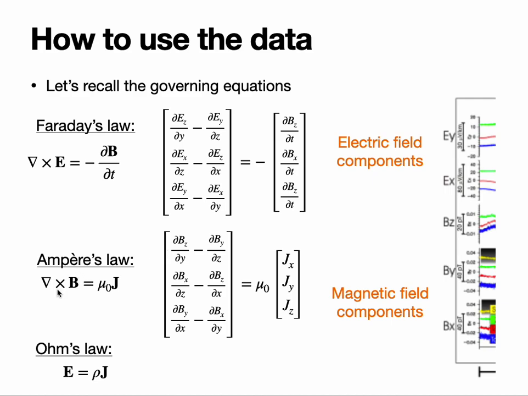Ampere's law: the curl of B is equal to mu 0 J. And Ohm's law: E is equal to rho J. Here I have expanded these equations such that you see all the components, such that these ones are those which are measured here, and these ones are those which are measured there.